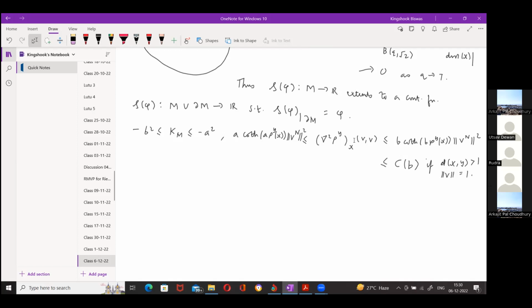Okay, so this can happen. So that means the lower curvature bound is necessary in some sense. You do not have a solution to the Dirichlet problem for all negatively curved manifolds. You do need some lower curvature bound.